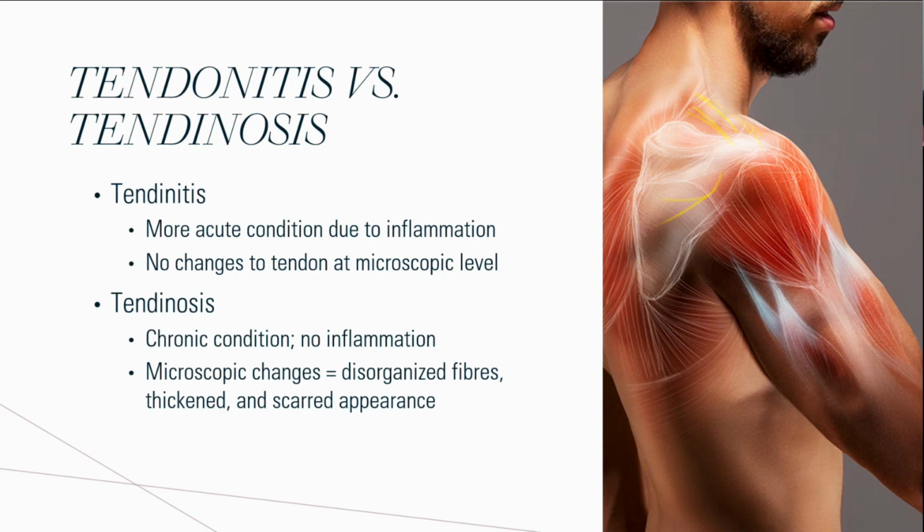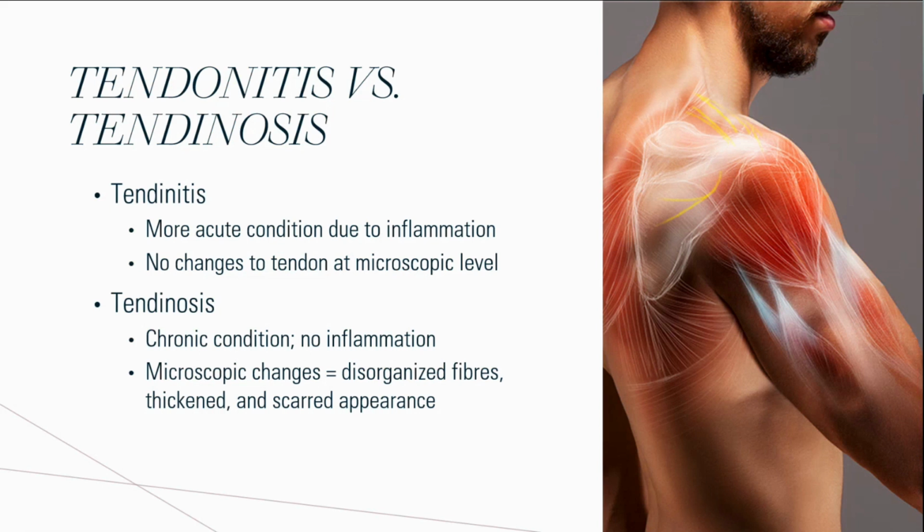Tendinosis is a more chronic condition, so something that's been lingering for a little bit longer. And when we look at tendinosis, there's actually no active inflammation happening at that point. This is not a great thing. Inflammation is actually a good thing, which we do want because it helps to promote healing and regeneration in the body.